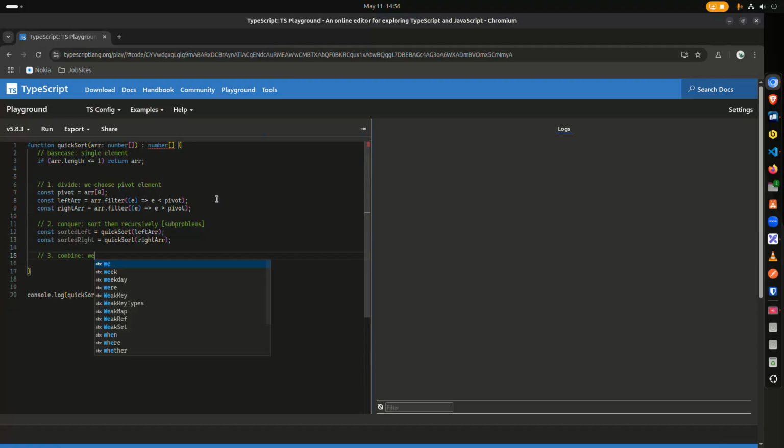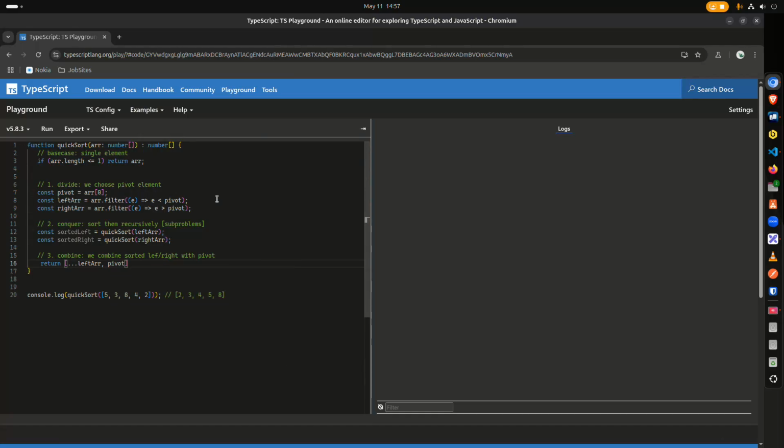So we combine sorted left, right with pivot. In this case, what we do is we spread all the left elements first, then we put our pivot element.